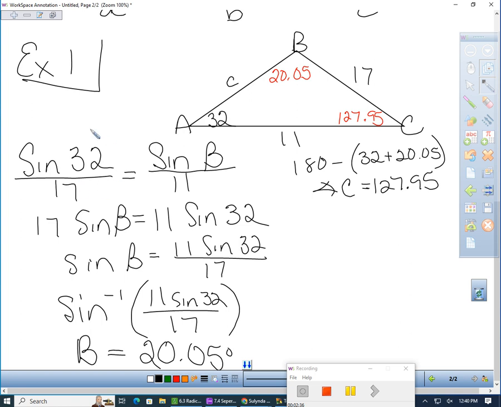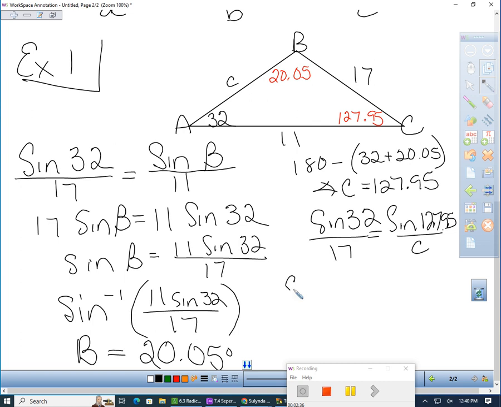So now we can find side c. We're going to use our original ratio. So we have sine 32 over 17 equals, we have angle C, so we're going to say the sine of 127.95 divided by side c. Now to solve this, we have to cross multiply.